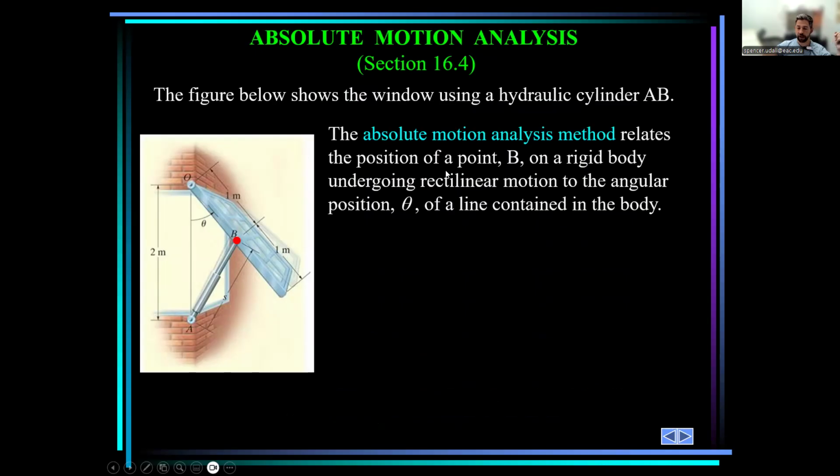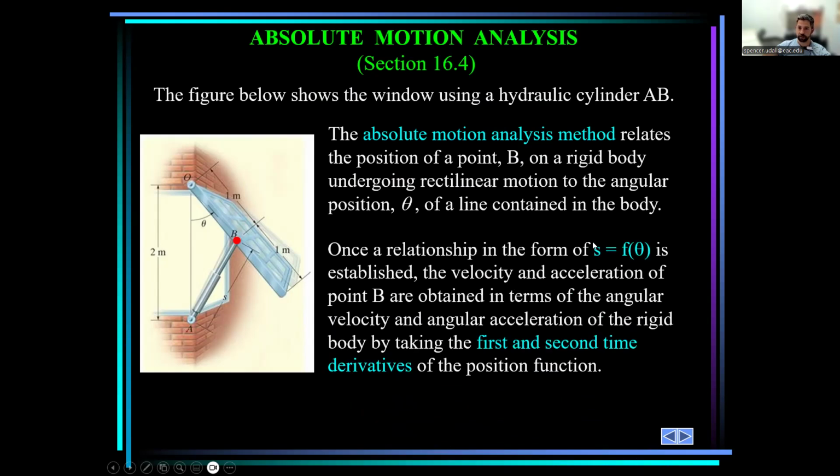So the absolute motion analysis, the way we're going to do this is essentially, like I was saying, come up with some geometric relationship somehow between s and theta, the linear and the angular. And once we get that relationship, and really that's the hard part, is make a geometric relationship that relates some length s or x or whatever you want to call it in your picture, and that relates it to the angle theta.